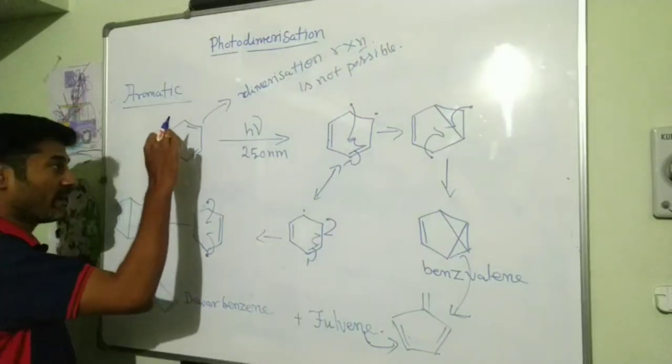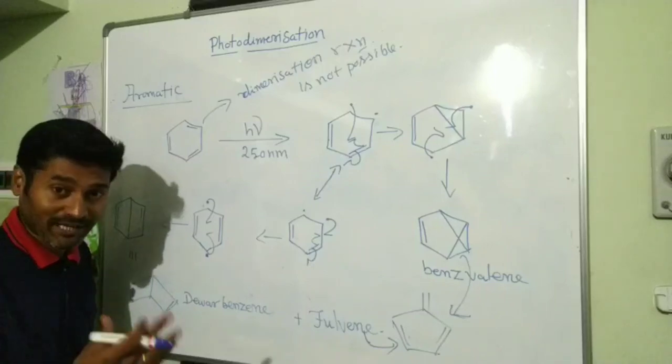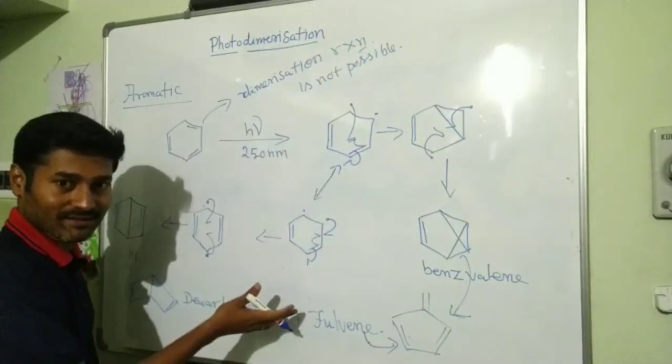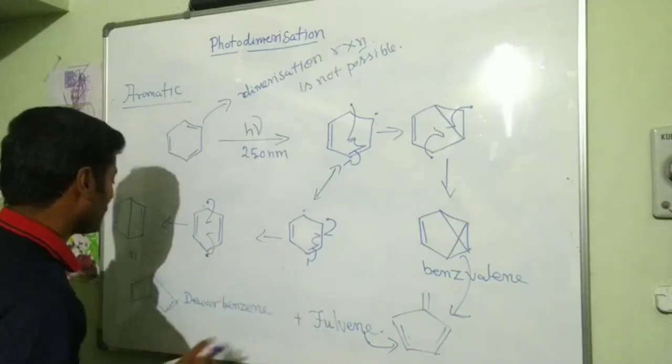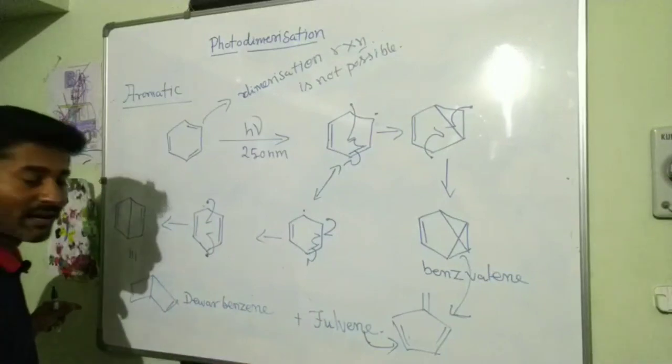So your benzene cannot undergo dimerization reaction. For that only I am writing this reaction. So no need to write this reaction, but you have to understand and you should know why benzene will not form dimer.